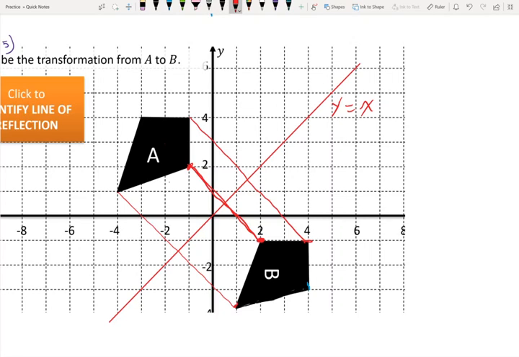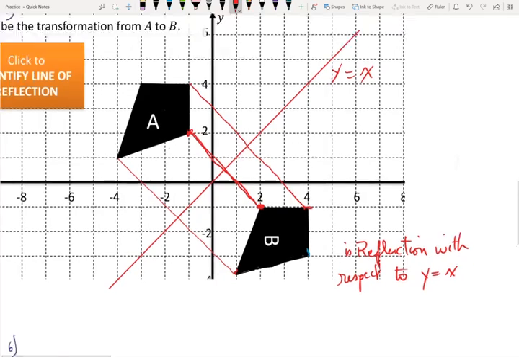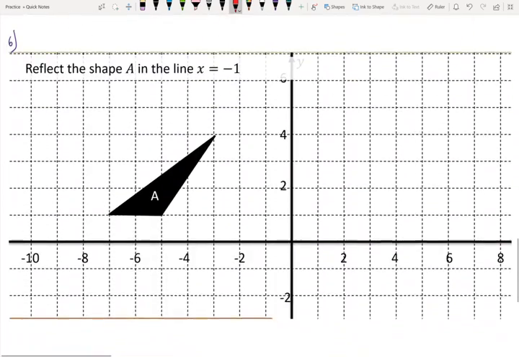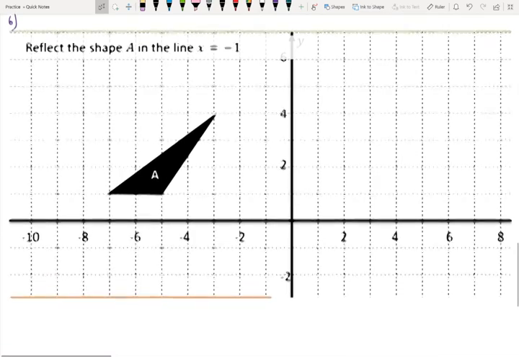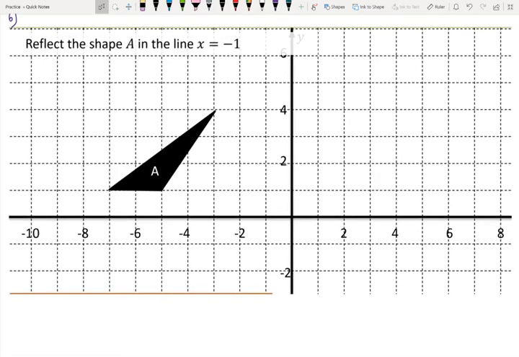So we say that the transformation from A to B is reflection with respect to y equals x.